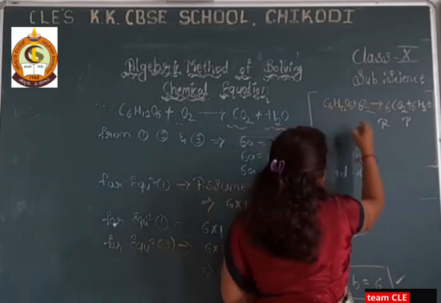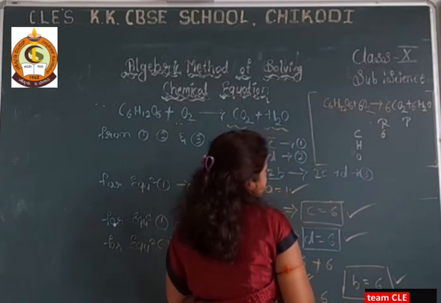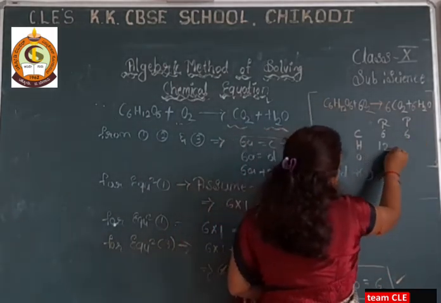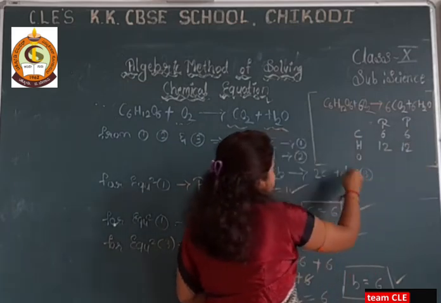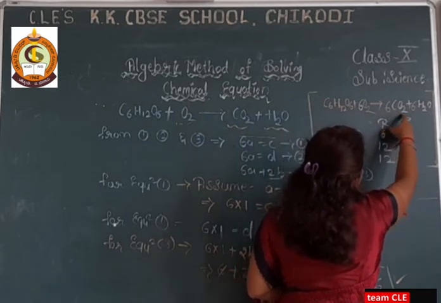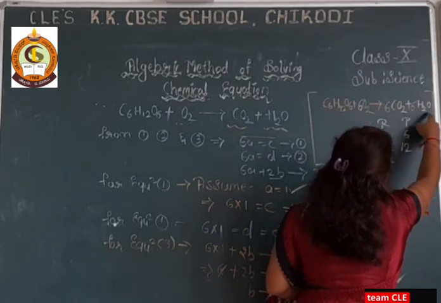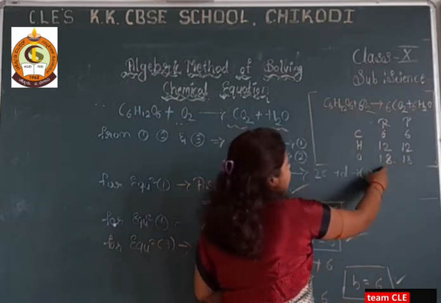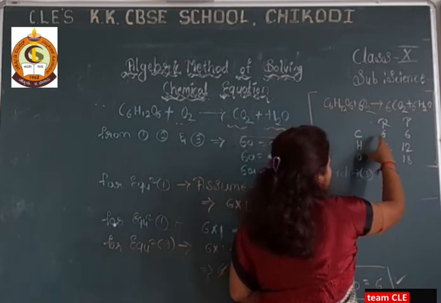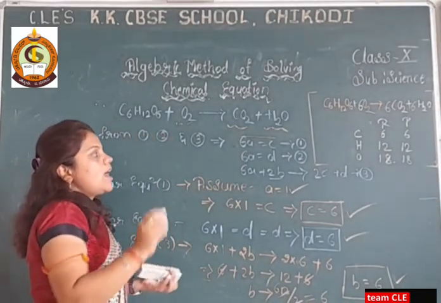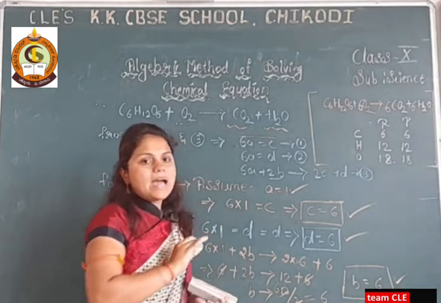Carbon is 6, here also carbon is 6, hydrogen is 12, here also hydrogen is 12, oxygen is 6 into 2, 12, and here oxygens are 6 plus 6 into 2 is 12, 12 plus 6 it is 18. So oxygens are 18, hydrogens are 12 and carbons are 6. Now it is clear, all the elements are in a balanced form.